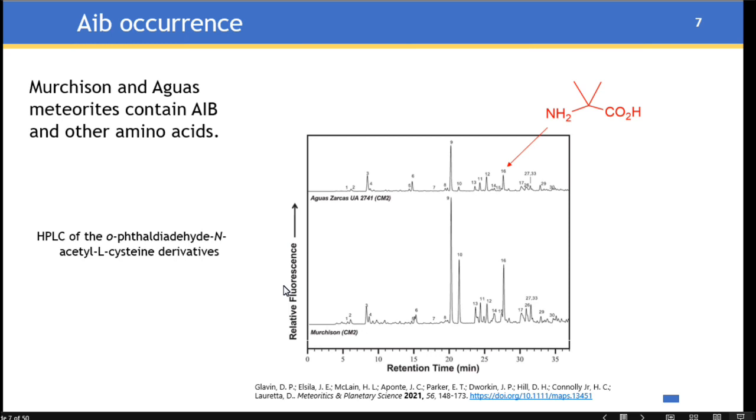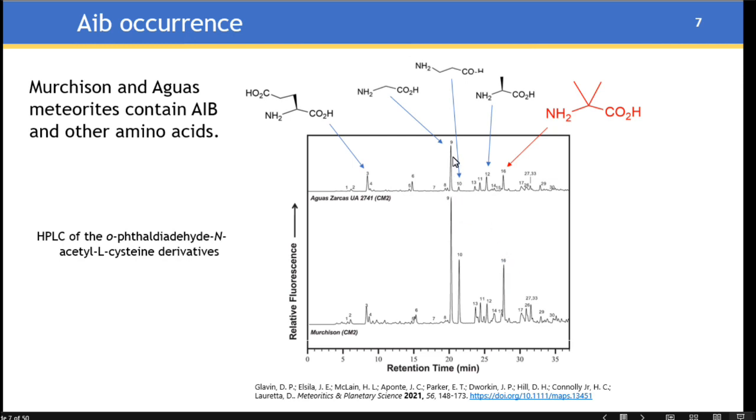Another place that AIB occurs is in extraterrestrial meteorites. The famous Murchison meteorite and other ones, Aguas, that have been found in Antarctica, contain substantial amounts of AIB. So this is the HPLC of derivatives of those, and AIB is peak 16.